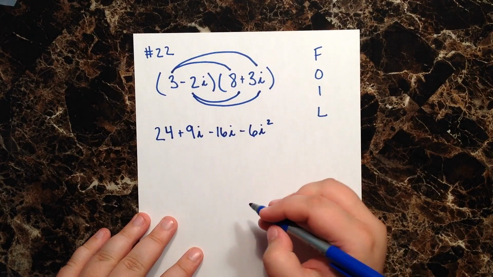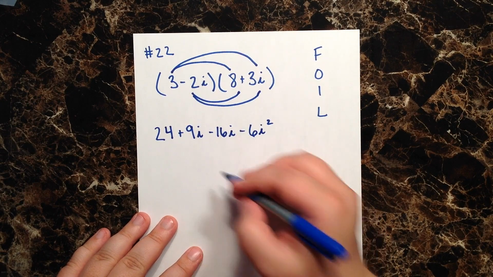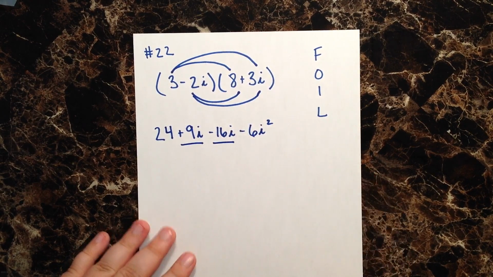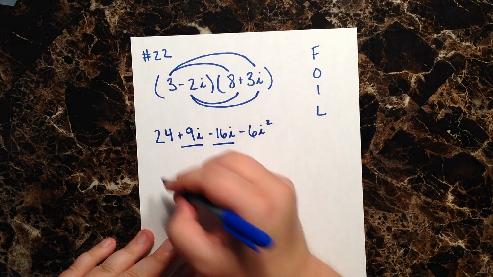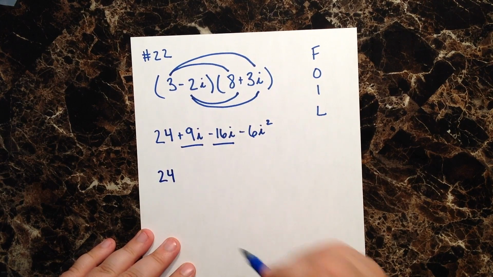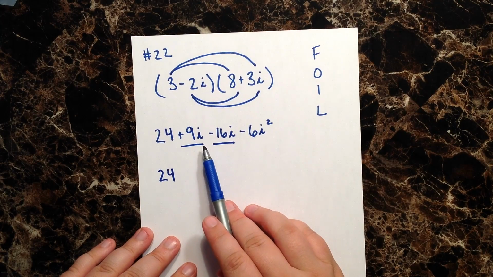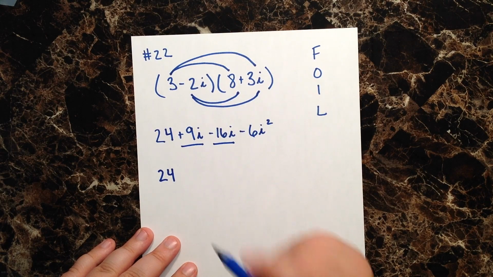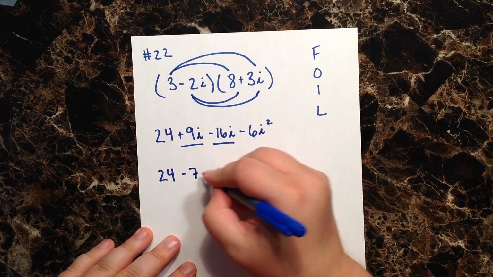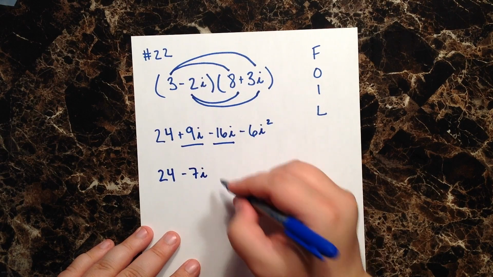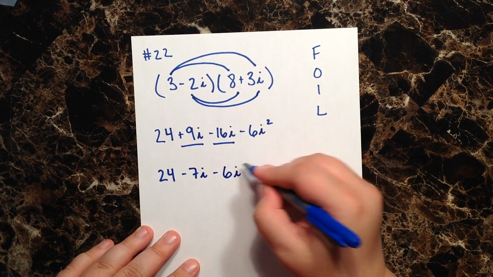All right, I see some like terms I can combine. And so let's go ahead and do that. So I have 24. Well, 9i minus 16i gives me a negative 7i minus 6i squared.